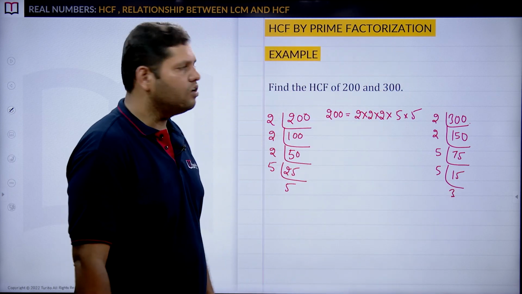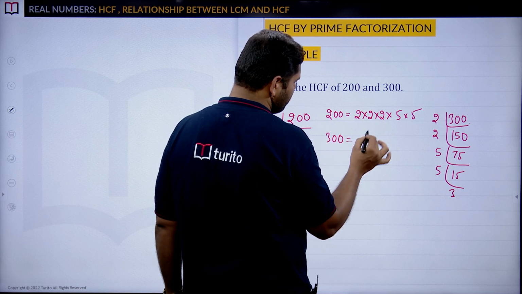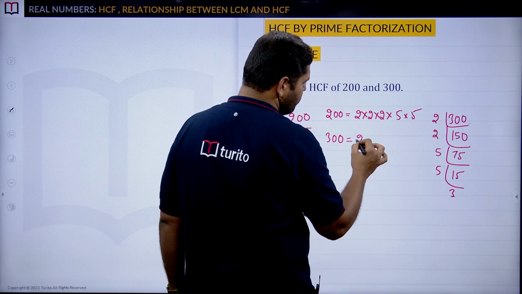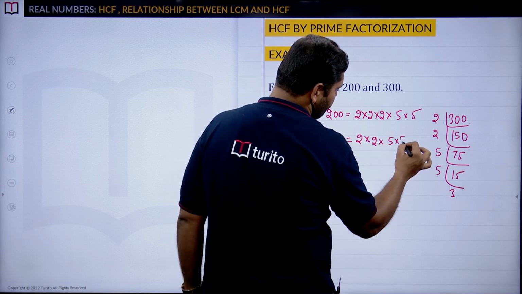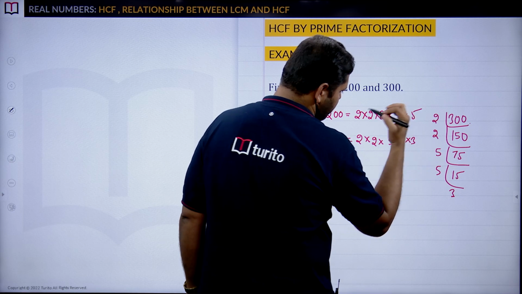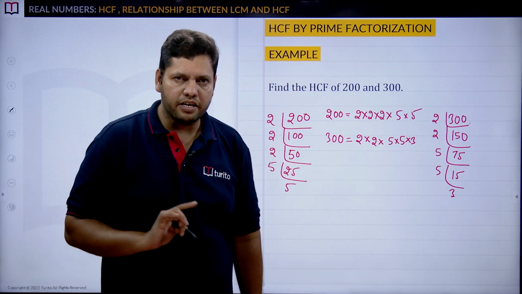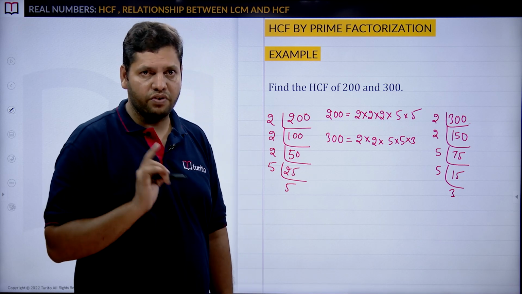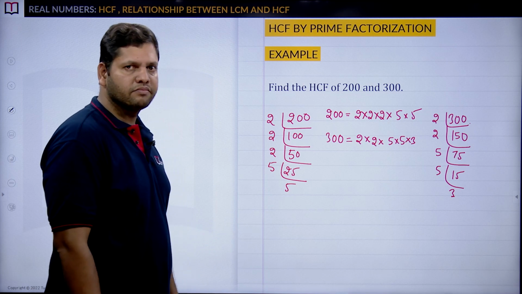Okay. Now what I am doing, children? Again I am writing the prime factorization of 300. Tell me this. 2 into 2. Next 5 into 5. Next 3. Children, remember here, we are forgetting a small single step, that is very, very important. Children, don't stop up to here at 5.